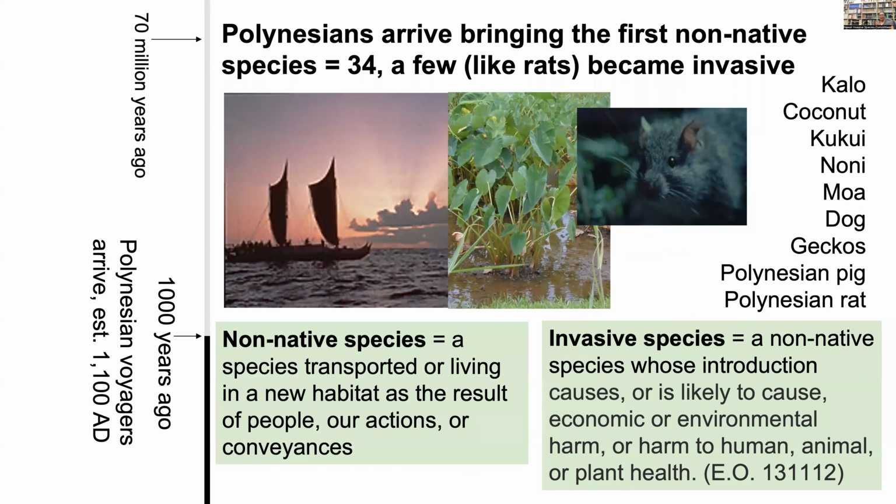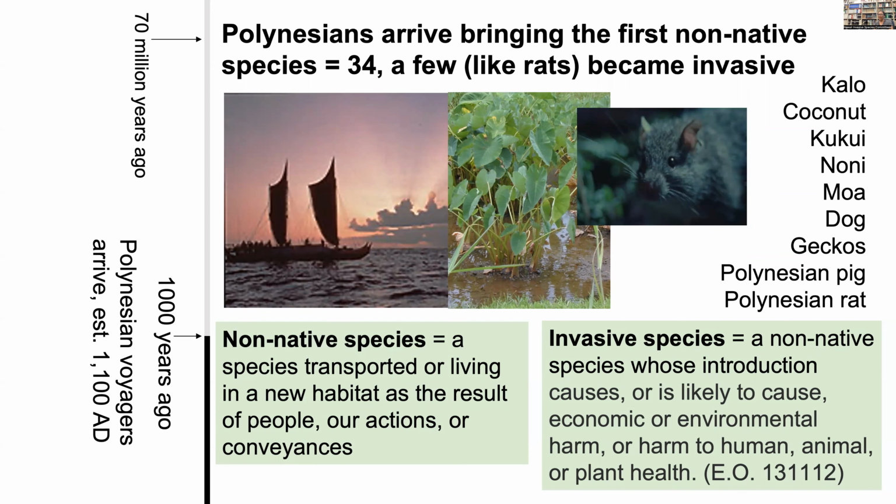And so moving forward on a timeline, Polynesians arrived and they brought the first non-native species. Non-native is the word we use. We don't use aliens anymore. That's got different connotations, so let's move out of that. Non-native is species that are transported or are living in a new habitat as the result of people or our actions or conveyances.